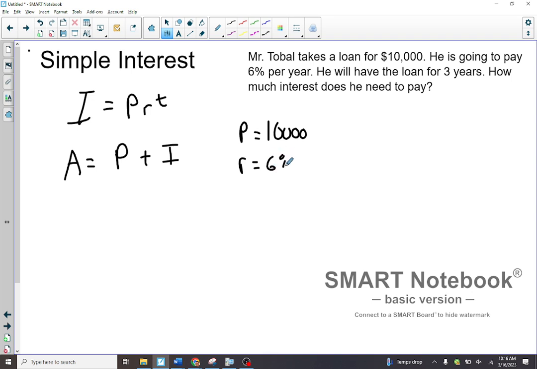That's usually in a percent. Remember though, we don't do math with percents, so we have to change it to a decimal, 0.06. And our time is in years. So I said 3 years, that's just 3. If I said 6 months, you have to make sure you convert that into years.